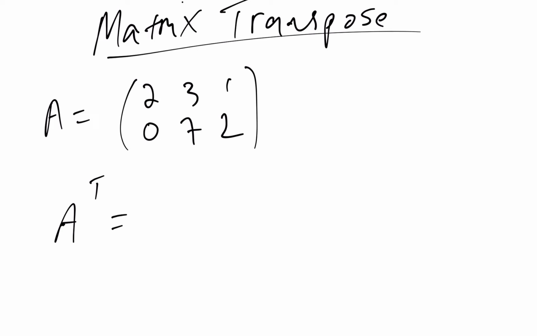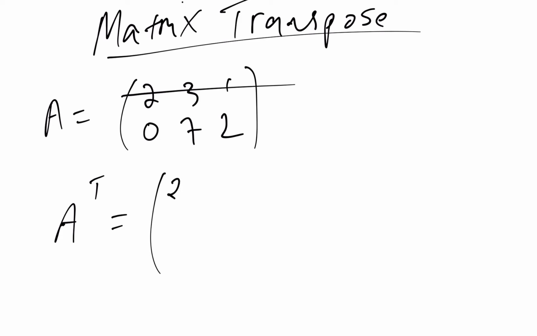So that's one matrix A. We have 2 rows and 3 columns. So I'm going to interchange the rows into columns. Row 1 becomes column 1 of the new matrix.